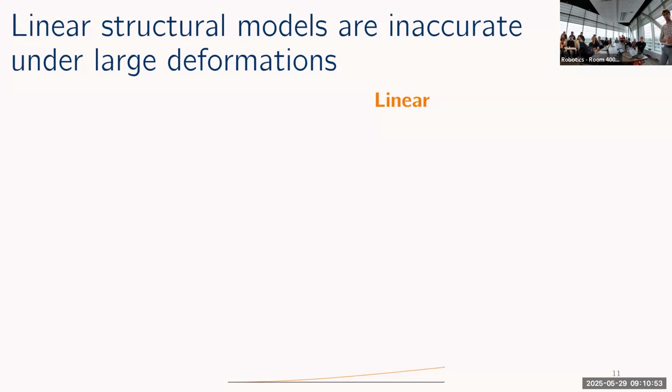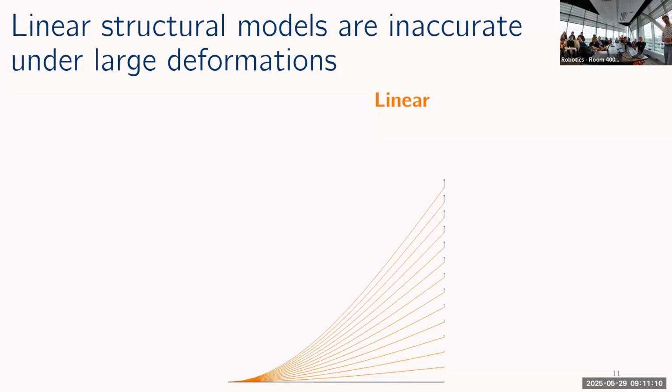Here, right at the bottom of the slide, I'm showing a cantilever beam subject to a tip force. And you see at this low load level, this linear model predicts the deflected shape fairly reasonably. But as I scale up the magnitude of that force, all the linear model does is extrapolate this small displacement out further and further, and we get this clearly unrealistic prediction of the deflection.